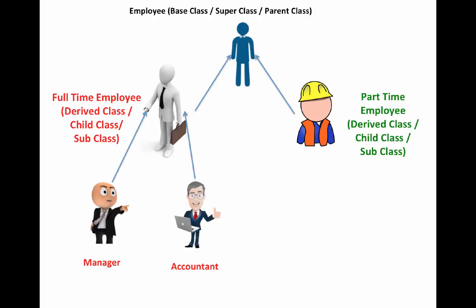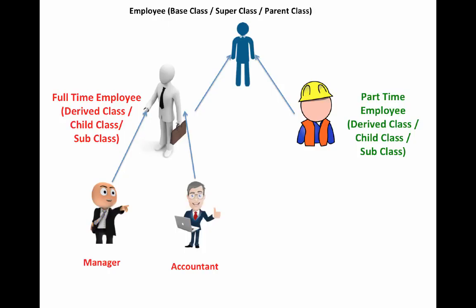full-time employee. So a manager and accountant could have all the members of full-time employee, which means they will have a name, job title and salary, which is from the employee. In addition, they could have basic pay, allowance and deduction. And in addition, manager could have different data members like which department he is working in, and accountant can have his own additional data members.